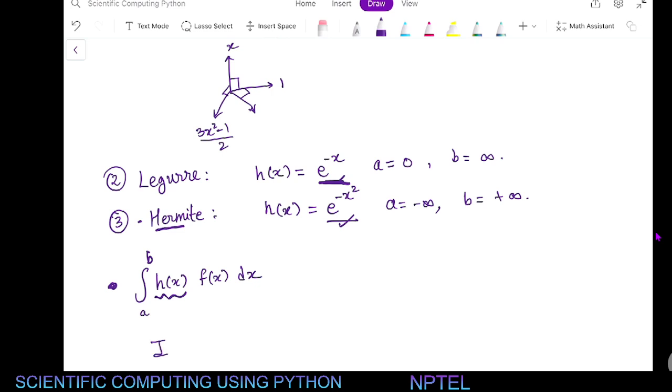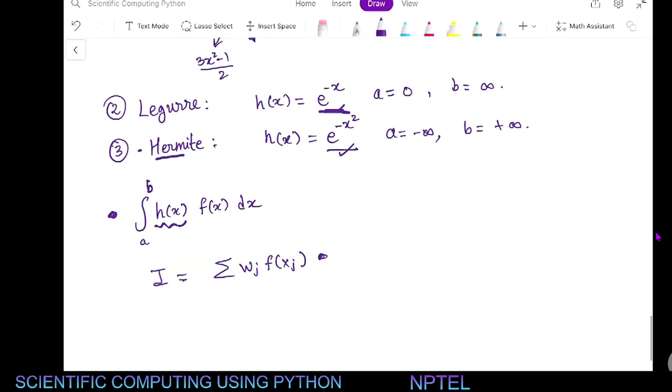So I is given by the general formula, the sum of w_j f of x_j, right? And we have to determine two things, x_j and w_j. If you give me these two things, then the integral is estimated.